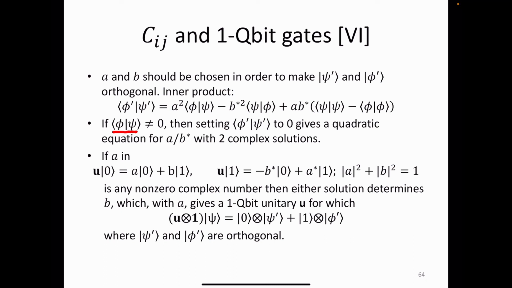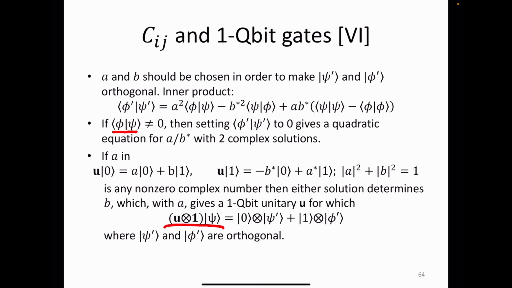And if A in either of these is any non-zero complex number, then either solution determines B, which with A gives a 1-qubit unitary for which this is true.